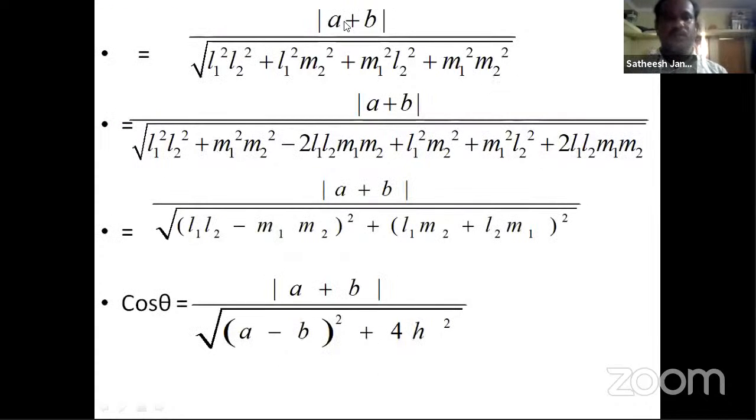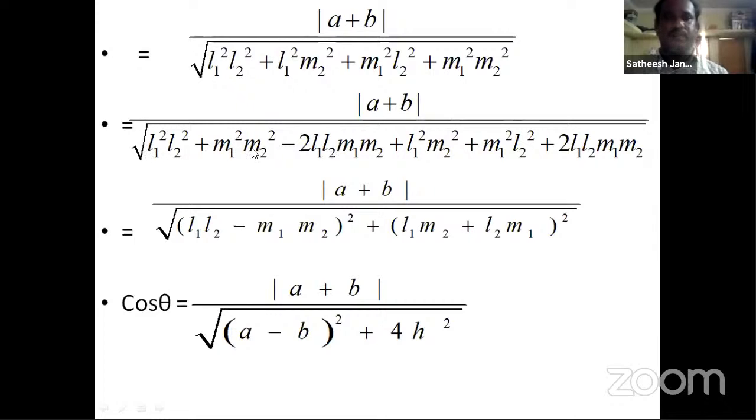It is equal to modulus of a plus b by under root of L1 square L2 square plus M1 square M2 square, subtracting 2 L1 L2 M1 M2 and also adding it at last, and the remaining terms are L1 square M2 square plus M1 square L2 square plus 2 L1 L2 M1 M2. Observe the first three terms.